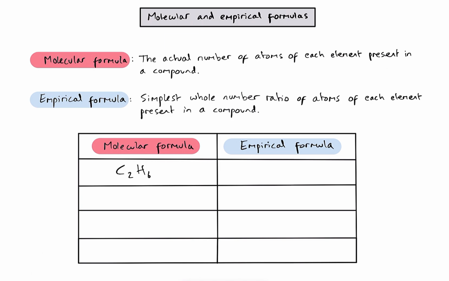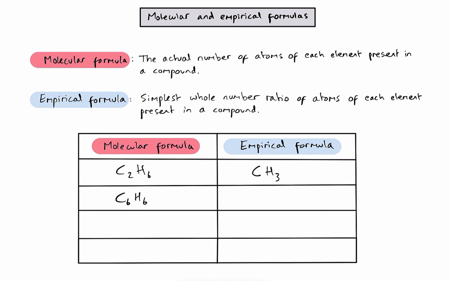In this case, both numbers would be divisible by 2. And I'm going to simplify that ratio by taking the 2 carbons and dividing that number by 2, which would be 1, and taking the number of hydrogens, 6, dividing that by 2, that would be 3. So you can see in my empirical formula I have the same ratio of carbons to hydrogens, but I've just simplified those whole numbers.